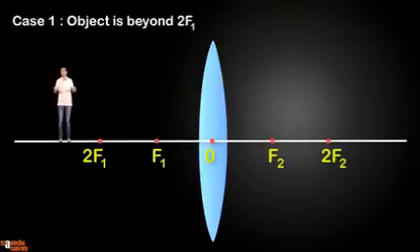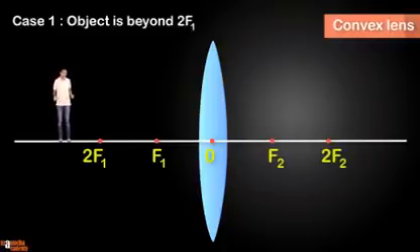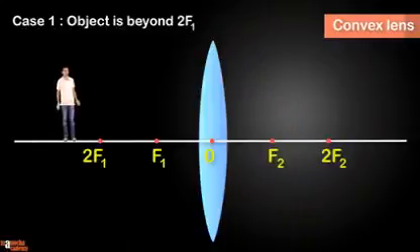So let's start with case 1. I'm standing beyond 2F1. You need to consider the rays from the top of the object. So from my head, remember, we need to select 2 out of the 3 rules. Let's use rule 1.